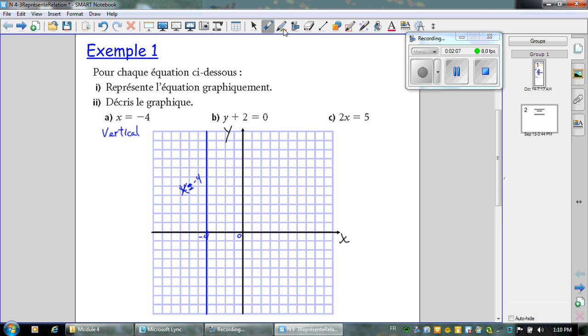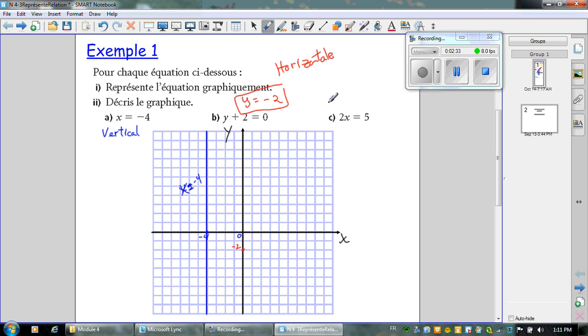Now the second one, y plus 2 equals 0. We need to solve for y. So what number do I add 2 to get 0? y equals -2. Now this is going to be a horizontal line on -2 on y. So y is here, -2 would be here.